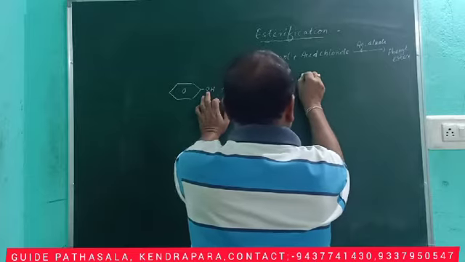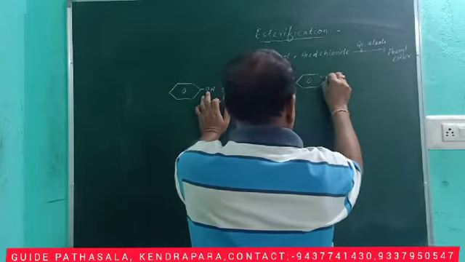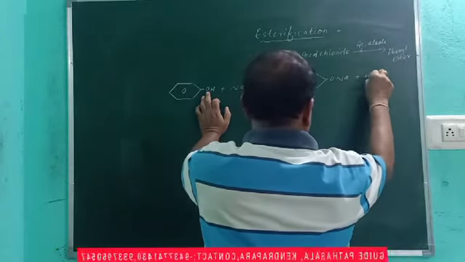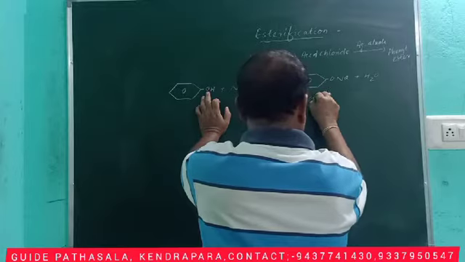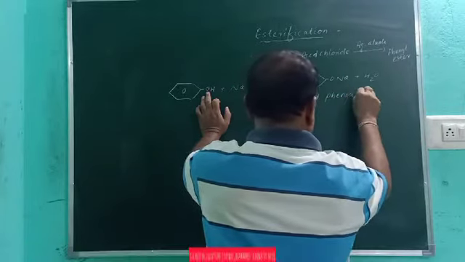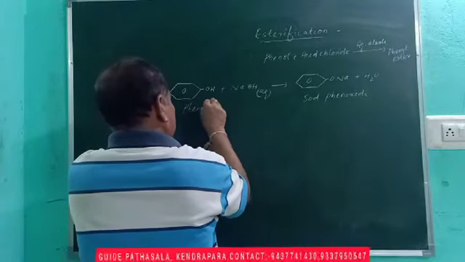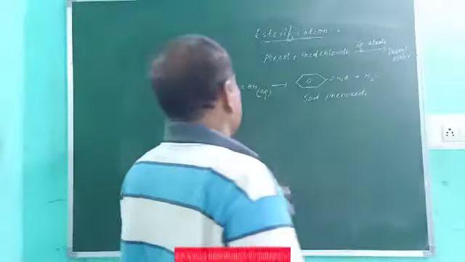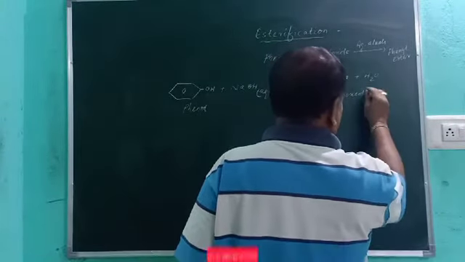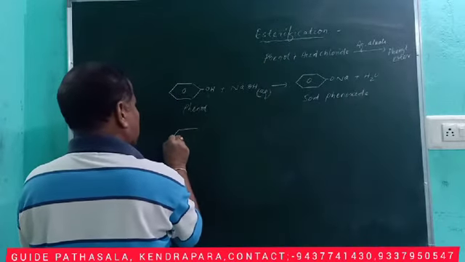It is sodium phenoxide. In the first step, phenol reacts with an alkali; you may take aqueous sodium carbonate here. Then sodium phenoxide is formed. In the second step, we take sodium phenoxide.